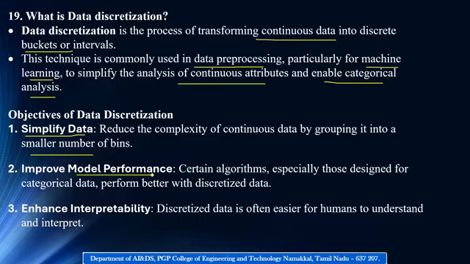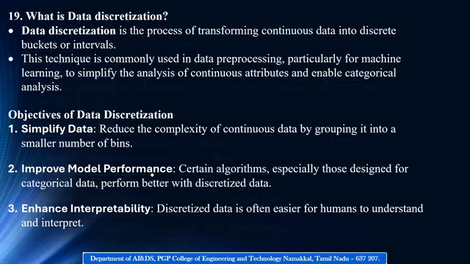This is related to machine learning: providing continuous data to machine learning models is difficult, so we can divide the data into pieces. Then, enhancing interpretability. Getting insights will be very easy if you go for data discretization.